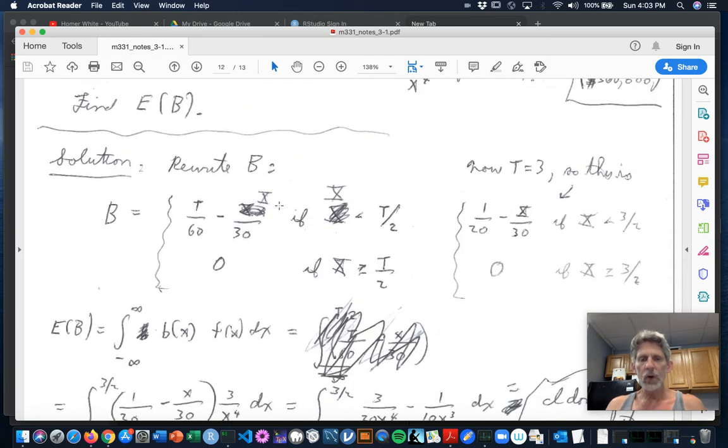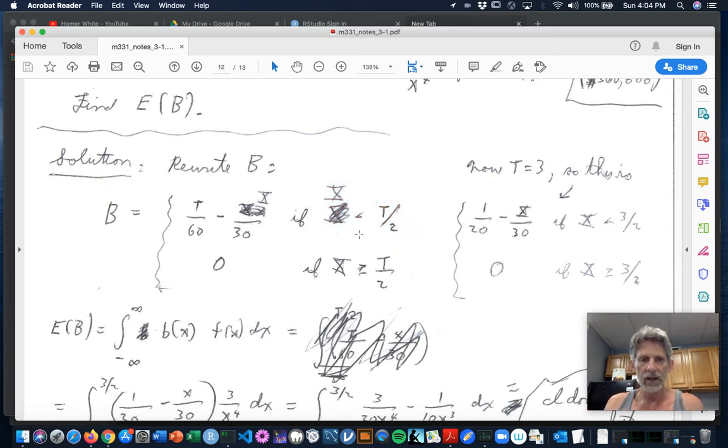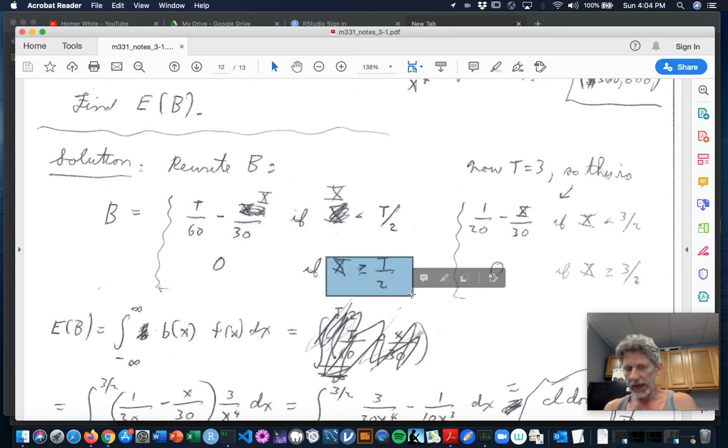Now that's supposed to hold if L is less than a half. Well, L is X over T, so it holds if X is less than half the premium T. And it's 0 if L is more than a half, which is equivalent to X being more than half the premium.